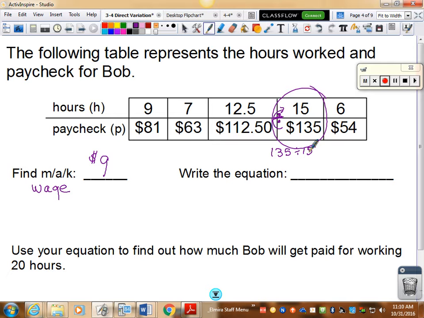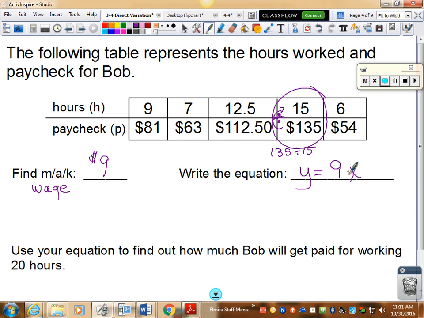In fact, I could pick any set of 2 numbers in the table and I would get 9. That is my rate. That's my wage in this case. It's my slope. We're using all different words to represent the same thing. So I'm going to write an equation, y equals, but instead of m, I'm going to put the 9, x. So his paycheck is $9 for every hour.